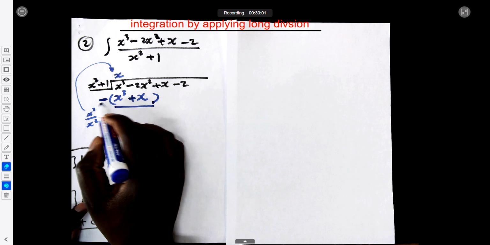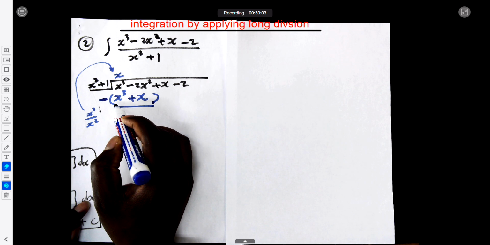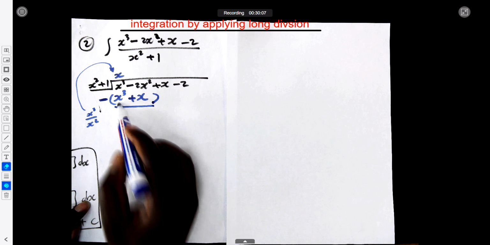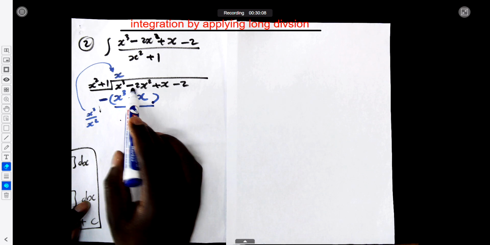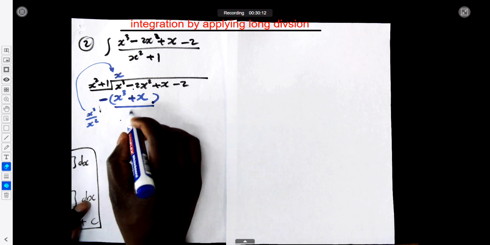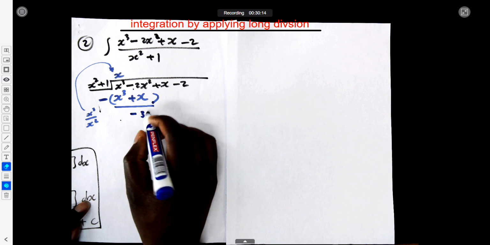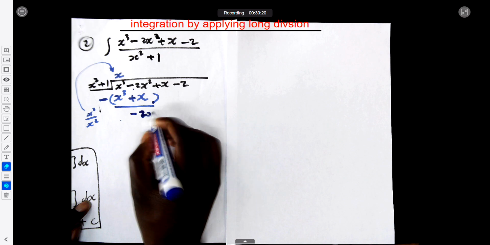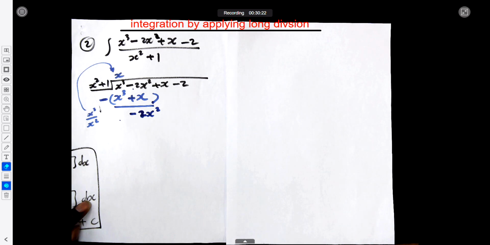So x cubed minus x cubed is? So I have 0. Therefore, minus 2x squared minus x. So I have minus 2x squared.